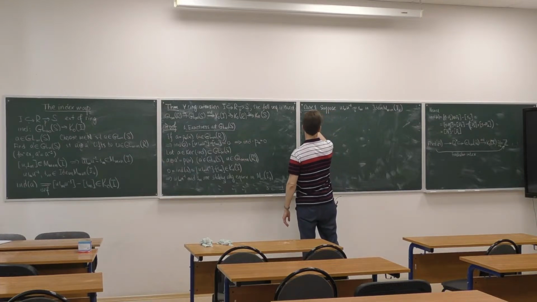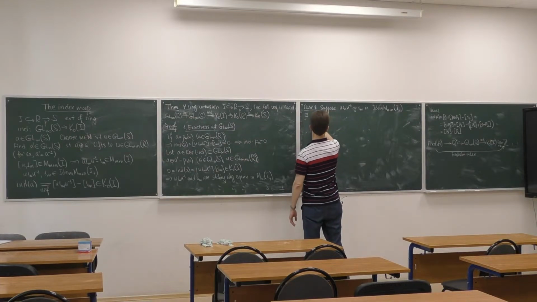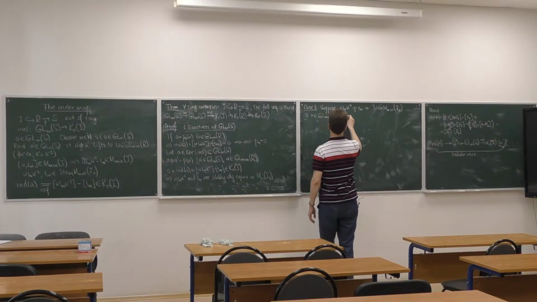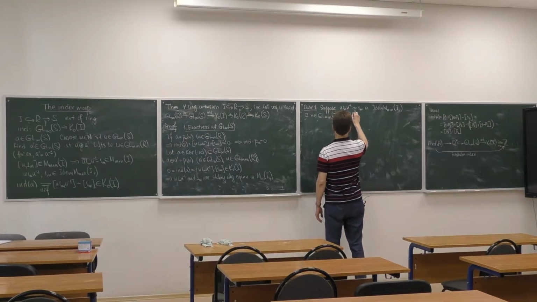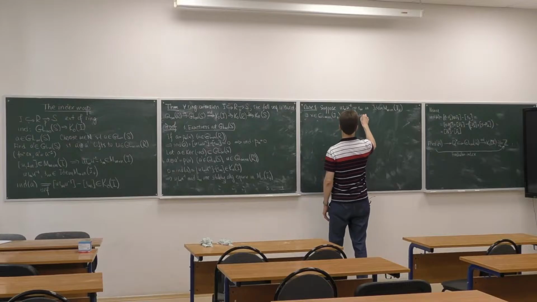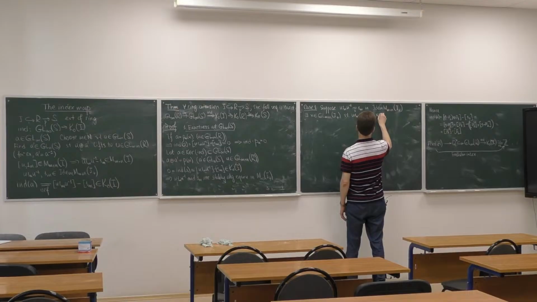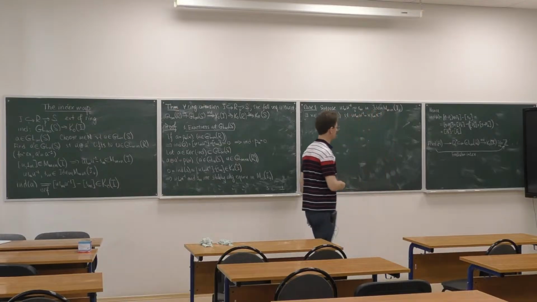So it follows that there exists a matrix X in GL m plus n over I plus, such that U 1m U inverse is equal to X 1m X inverse, just by the definition of similarity.